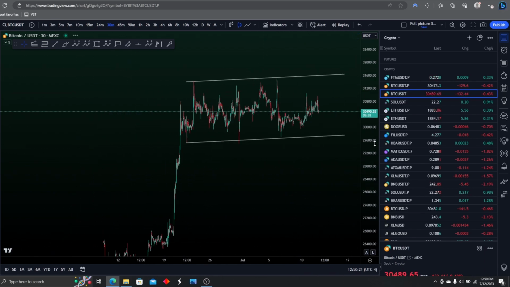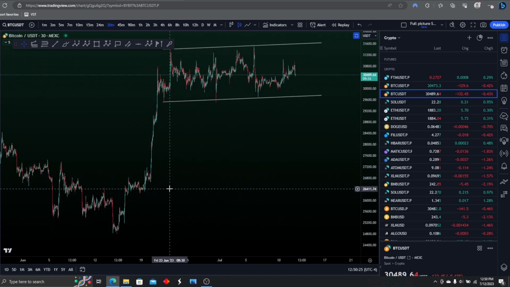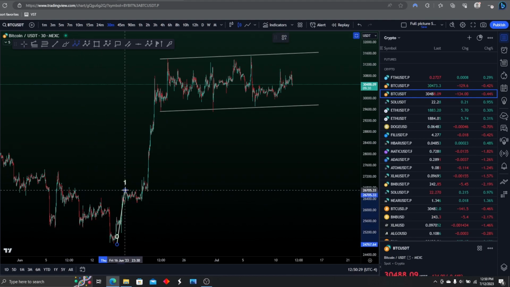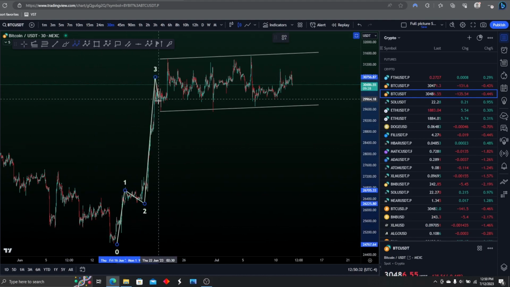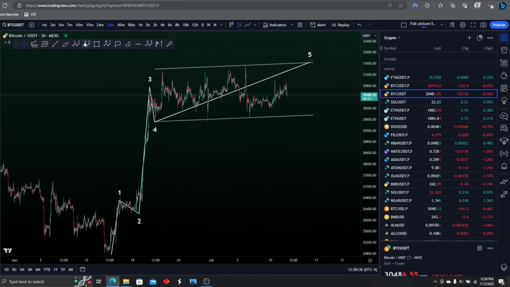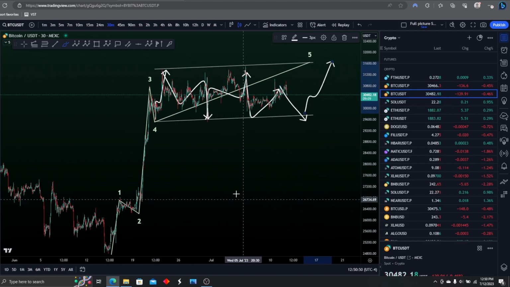I have this to be some type of an ending diagonal situation where we have an impulse up, and then this whole thing will be the fifth wave in the form of 1, 2, 3, 4, 5.